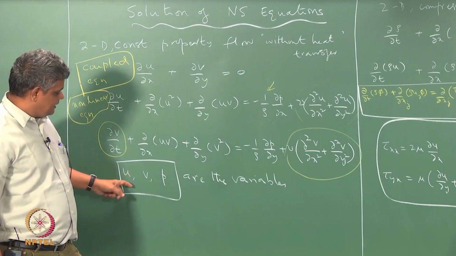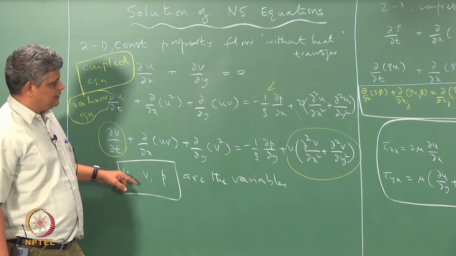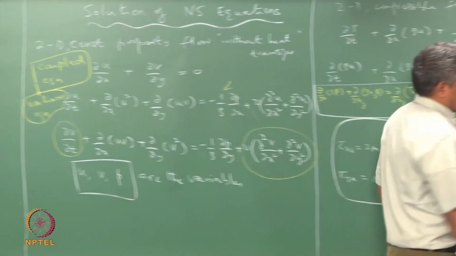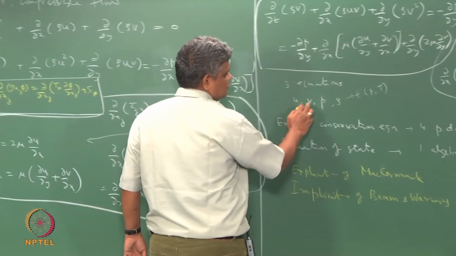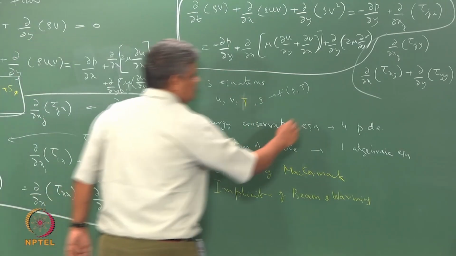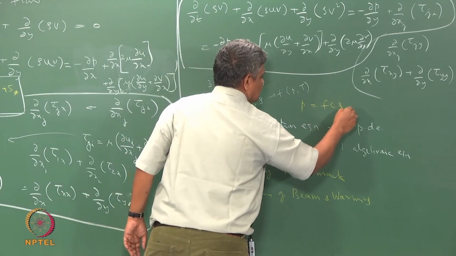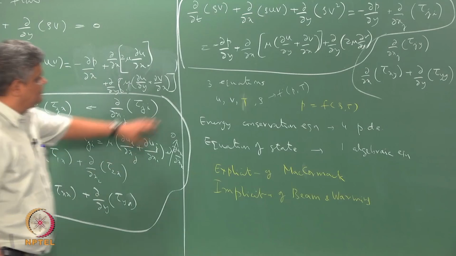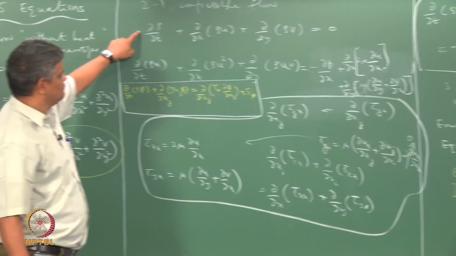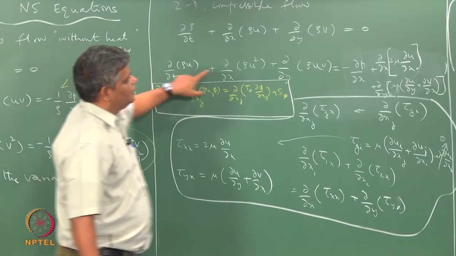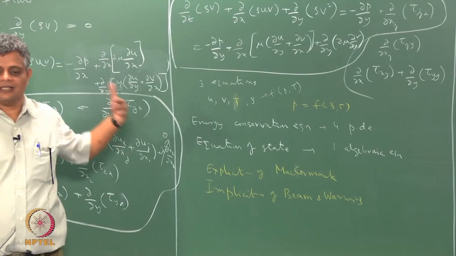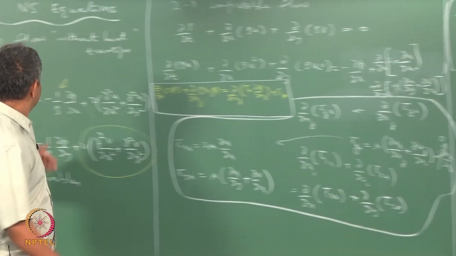So in that sense, the three variables that are here are not appearing in all the three equations, whereas here if you consider rho, u, v and t as the four primary variables, and p being given as a function of rho and temperature from the equation of state, then you have four equations, and you have one equation for each of these. This is an equation for rho, this is an equation for u, and this is an equation for v, and the energy conservation equation is an equation for t.